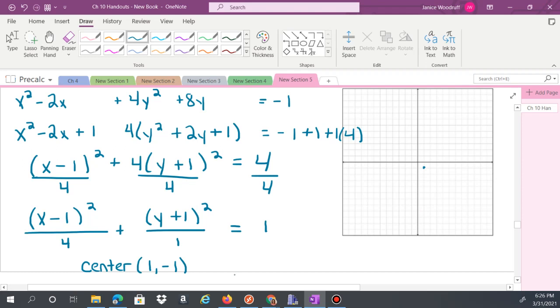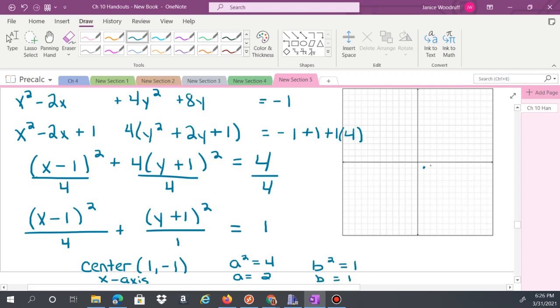All right, is it horizontal or vertical? Horizontal, yeah, x-axis. So my a squared equals 4, which means a equals 2. My b squared is going to equal 1, which gives me b equals 1.